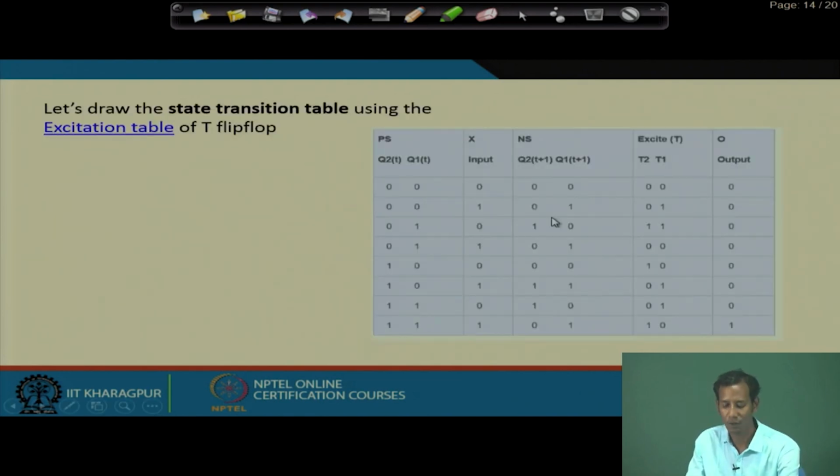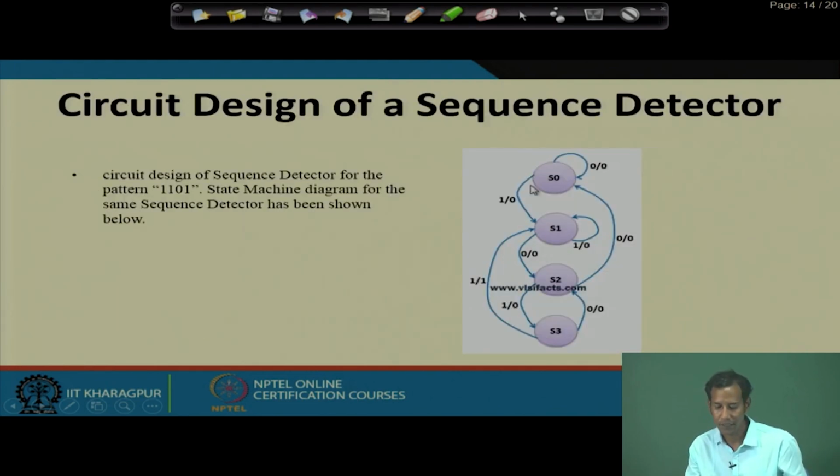Next, we have to draw the corresponding excitation table of the T flip flop. Here S0 is 00 and it has 2 branches, one for 0 and another for 1.